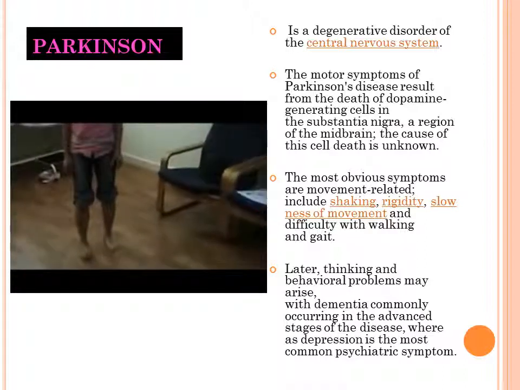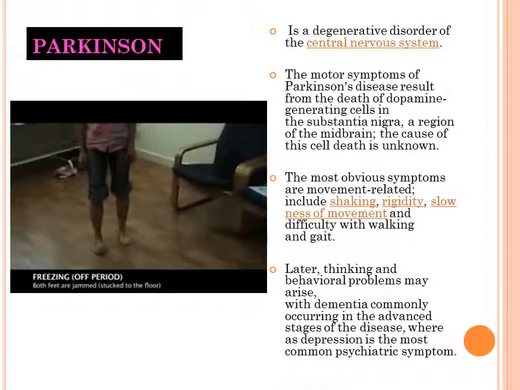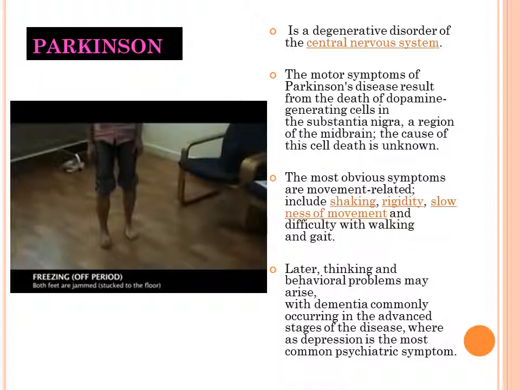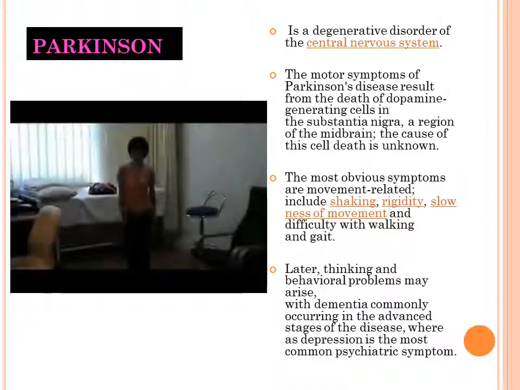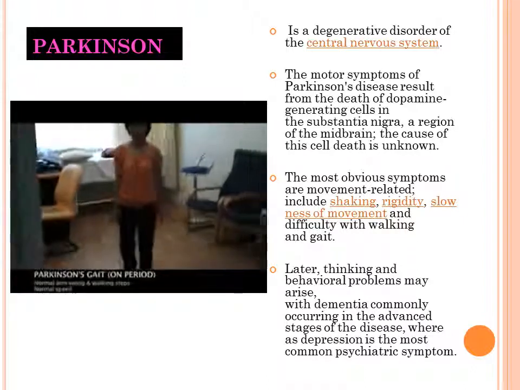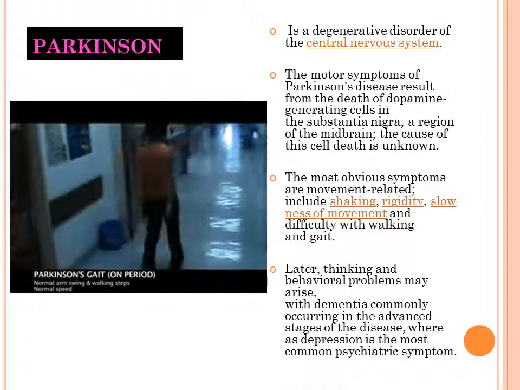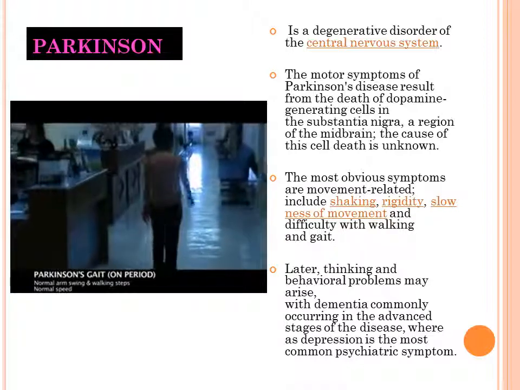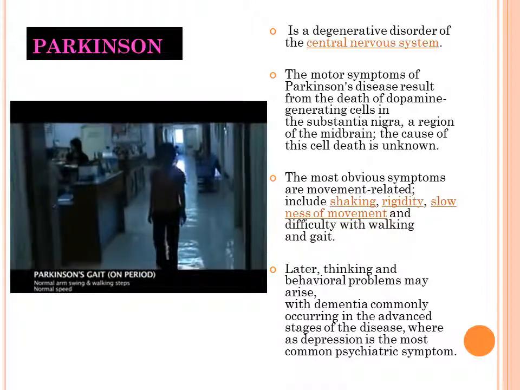The most obvious symptoms are movement related, including shaking, rigidity, slowness of movement, and difficulty with walking and gait. Later, thinking and behavioral problems may arise, with dementia commonly occurring in the advanced stage of the disease, whereas depression is the most common psychiatric symptom.